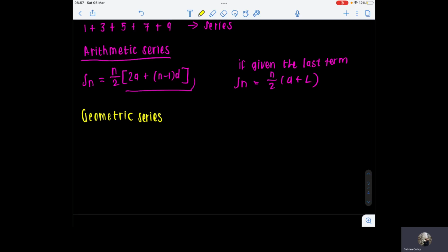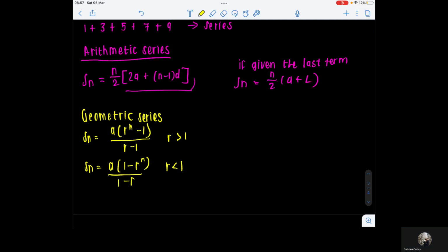So Sn is equal to a times (r to the power of n minus 1) over (r minus 1), and this is if our ratio is greater than 1. Then if your r is less than 1, we can just swap those around: a times (1 minus r to the power of n) over (1 minus r). Okay, so be vigilant about what your r is, because it will make it easier to know which formula to use.